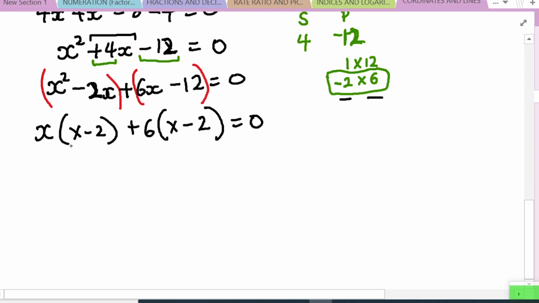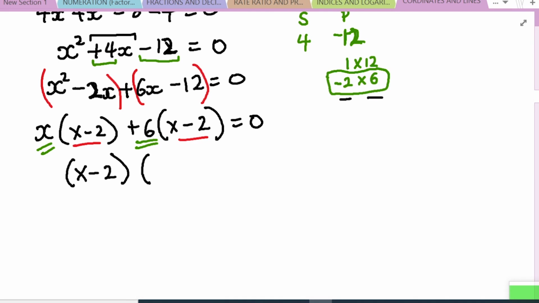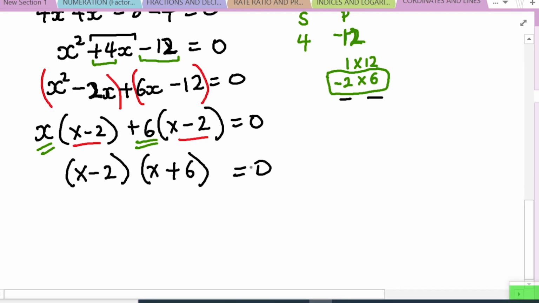So put the terms that are in the brackets in their own bracket together. This becomes x minus 2 into, put the terms that are outside the brackets on their own, the next bracket x plus 6, is equal to 0.